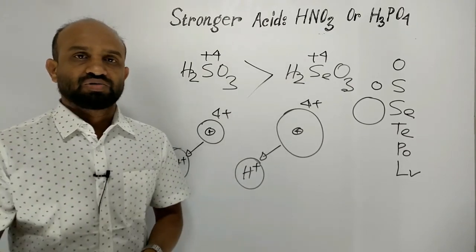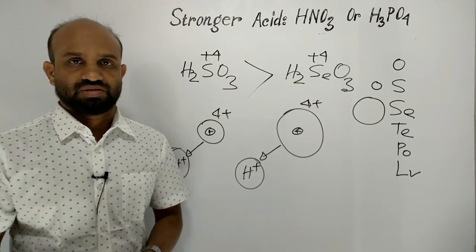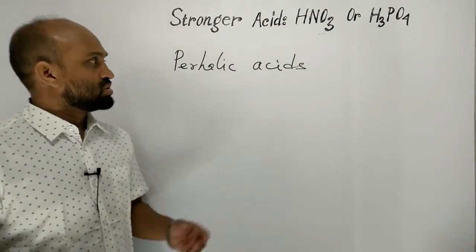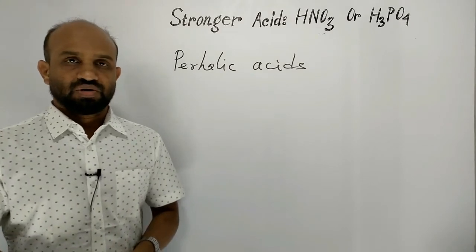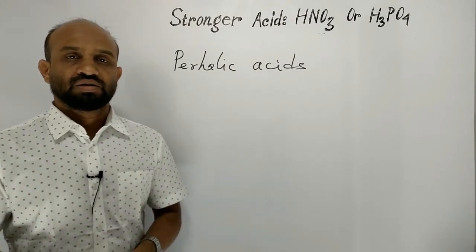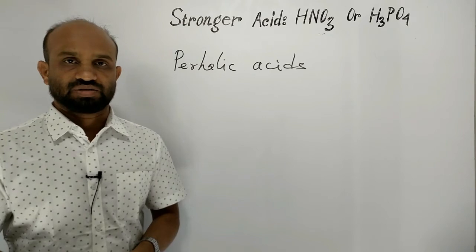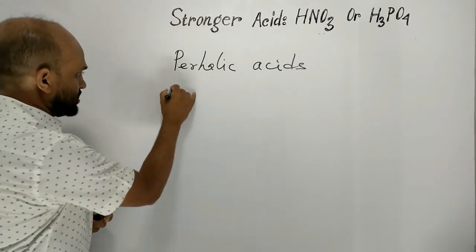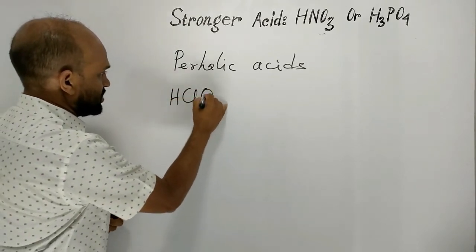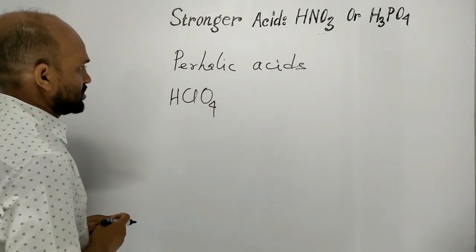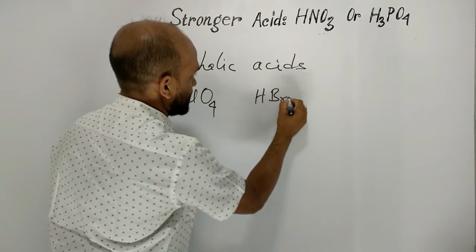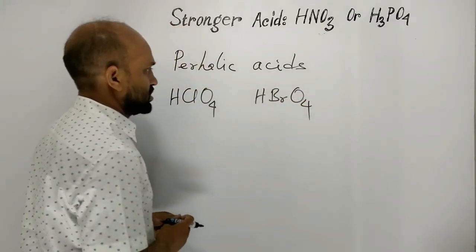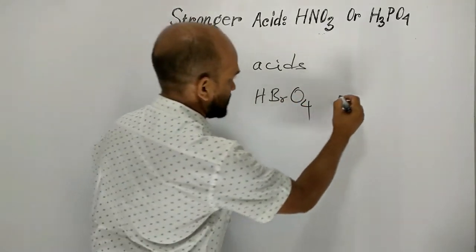Now let's see about perhalic acids. First of all, let's write the formulae of perhalic acids. HClO4, perchloric acid. HBrO4, perbromic acid.